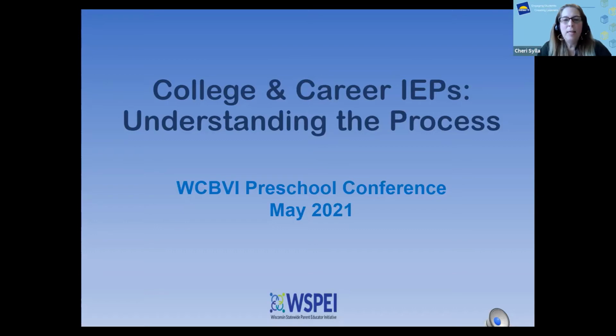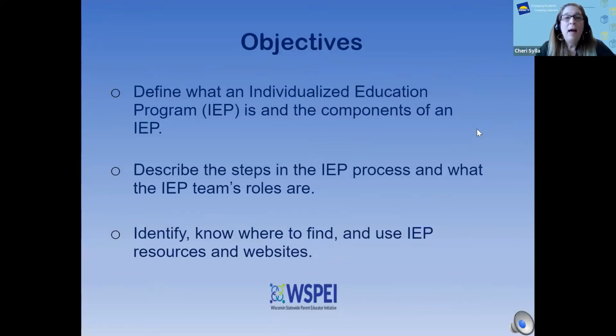All right. So objectives. What we're hoping to do in the next hour and 15 minutes is to define what an IEP is and the components of that IEP. We're going to talk about the steps in the IEP process and what the IEP team's roles are.